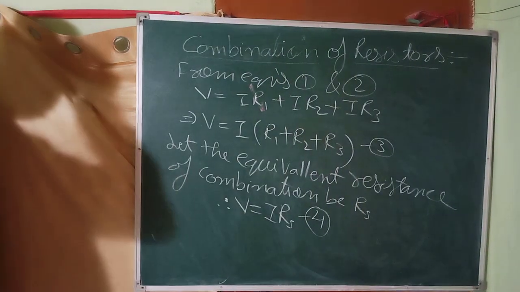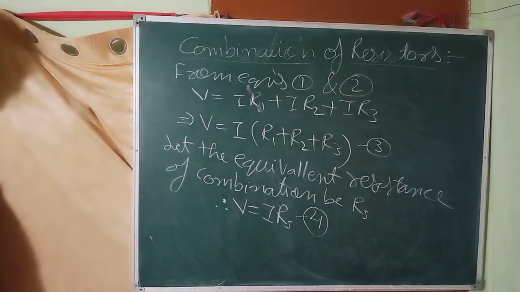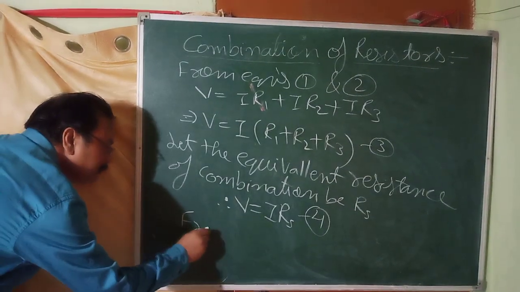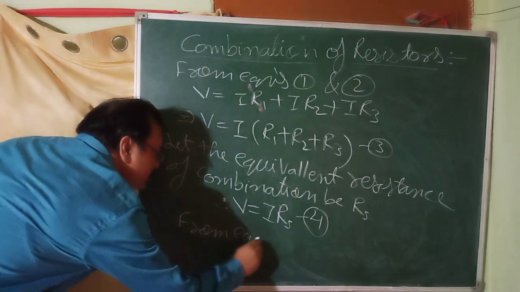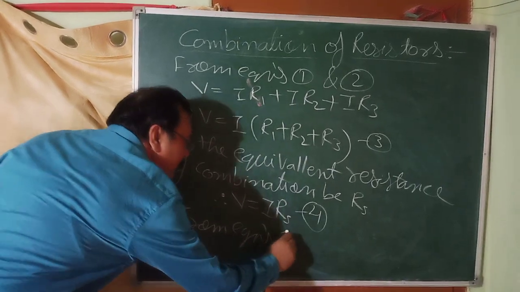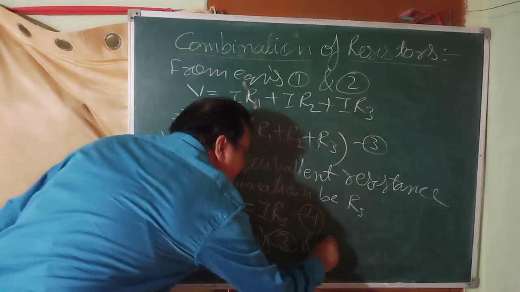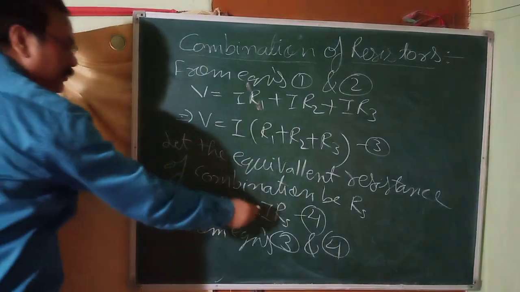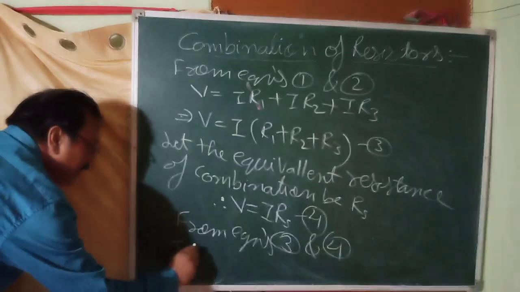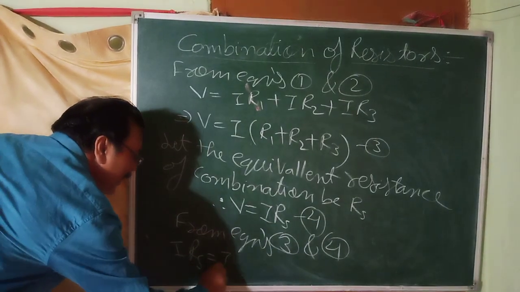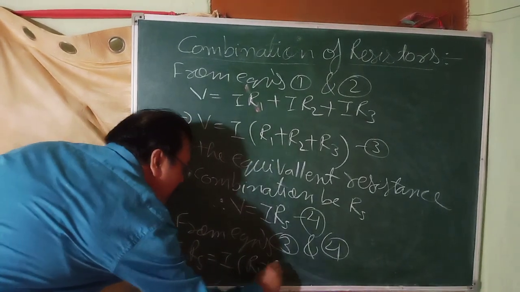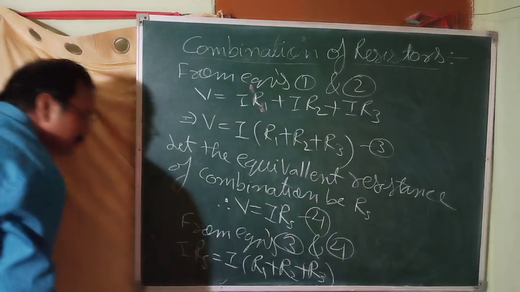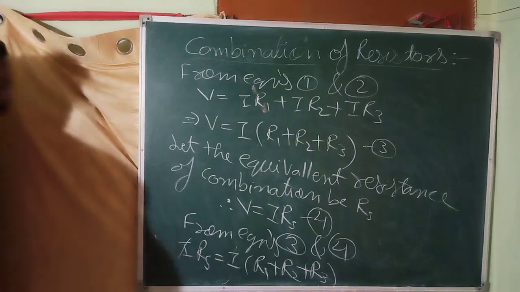Now from equation 4 we have to put the value of V in equation 3. So from equations 3 and 4, what will you get? In place of V we have to put IRS. So IRS is equal to I times R1 plus R2 plus R3. Can we cancel I?